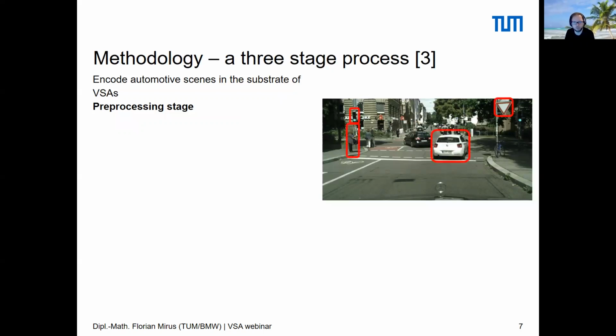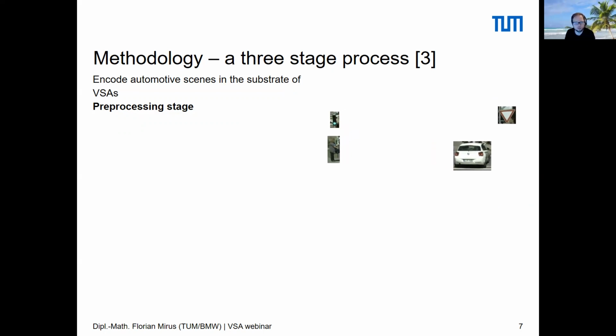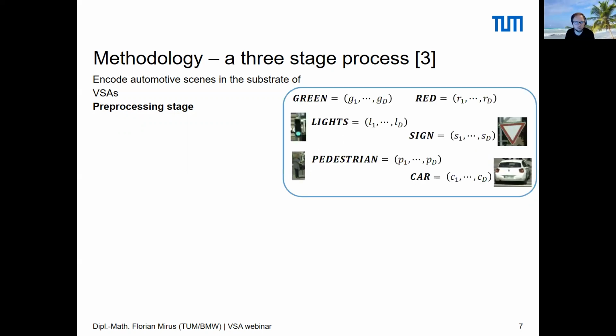For instance, in this example, this could be cars, traffic signs, traffic lights, and pedestrians, maybe bicyclists, motorcyclists, and then basically creating the vocabulary by assigning a vector representing this entity. Maybe also other concepts, intangible concepts such as green, to indicate the status of the traffic lights.